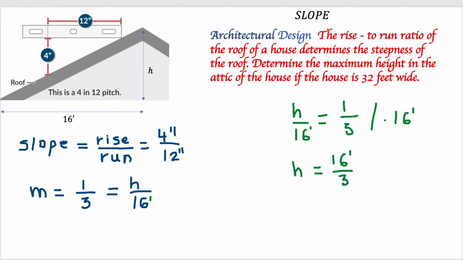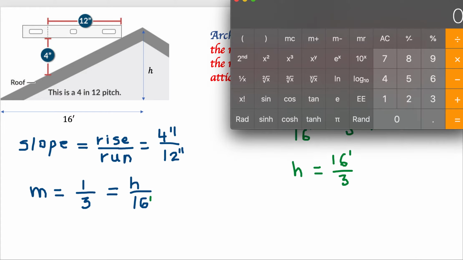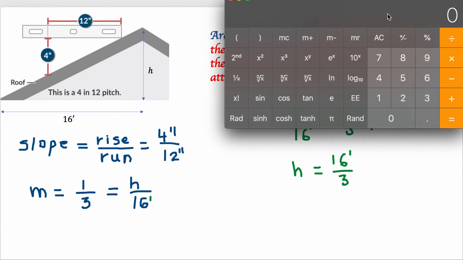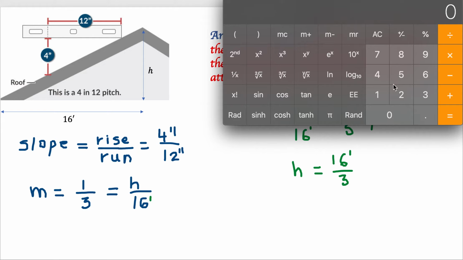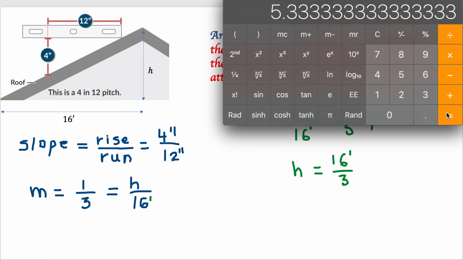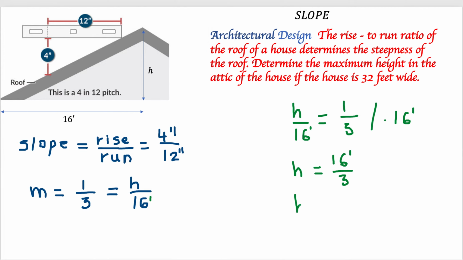Now we can use a calculator and divide 16 by 3, which gives 5.333. So h is equal to 5 feet.